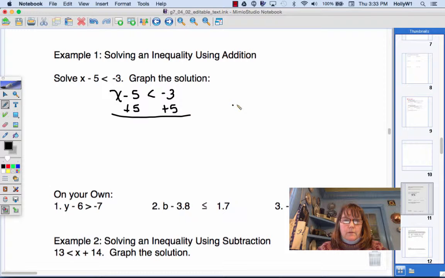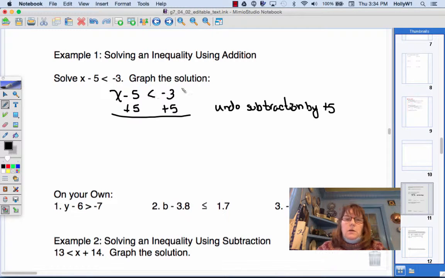We're going to undo the subtraction by adding 5, so we add 5 to both sides.